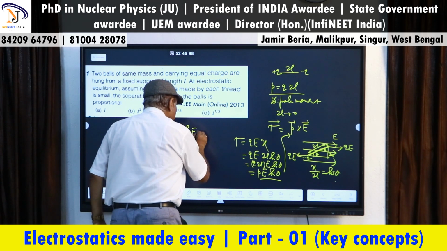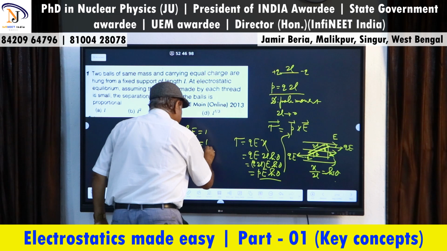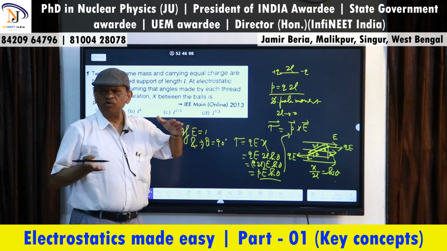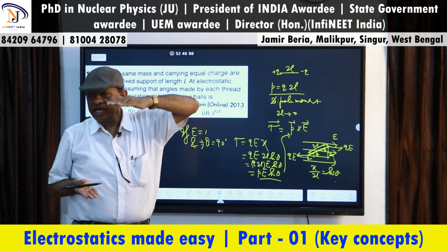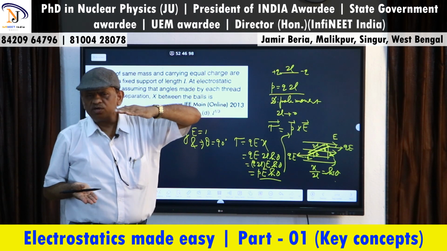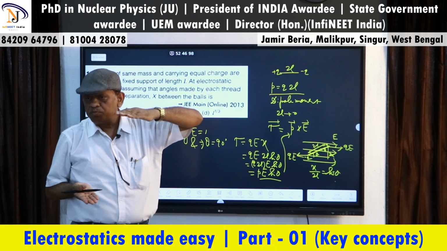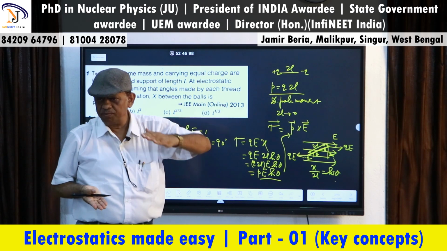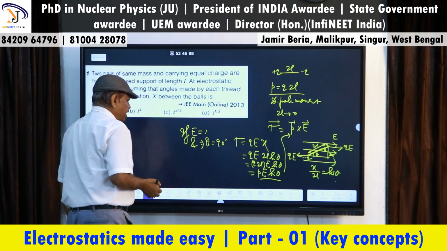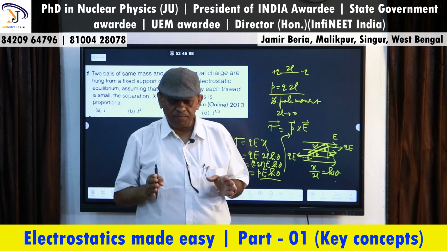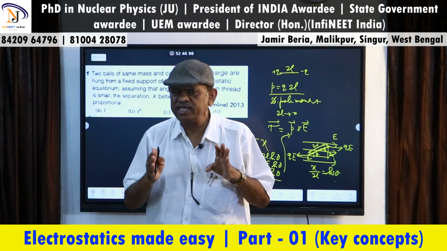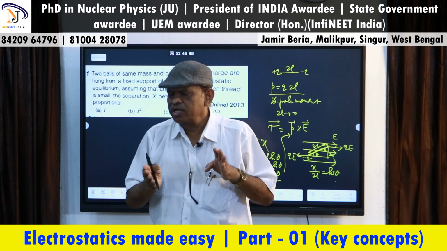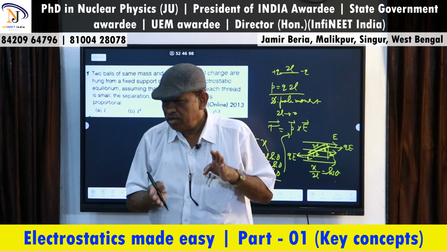If E equals 1 and theta equals 90 degrees, if an electric dipole is kept perpendicular to an electric field, the mechanical couple which is required to keep that needle in that position is called dipole moment. So if an electric dipole is kept perpendicular to an electric field with intensity 1, the mechanical couple required to keep its position is called dipole moment.